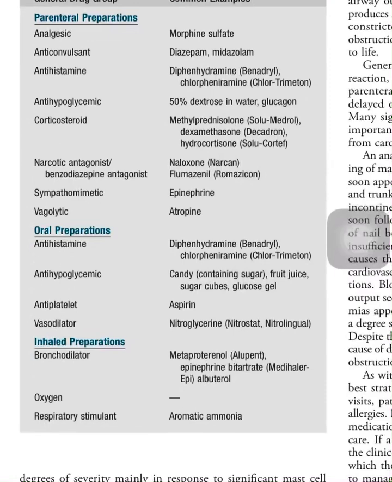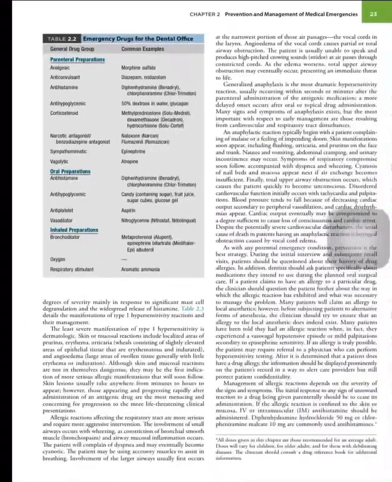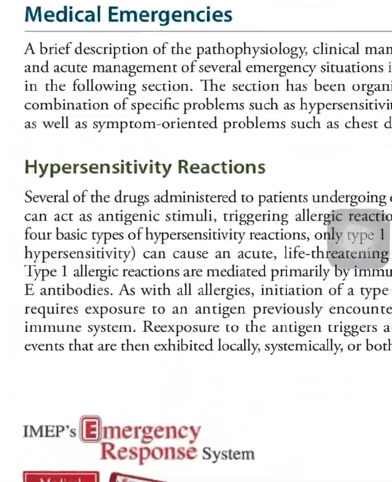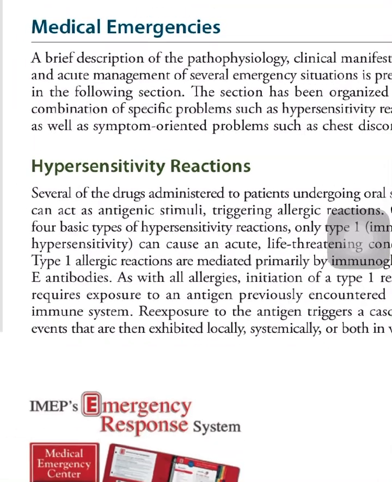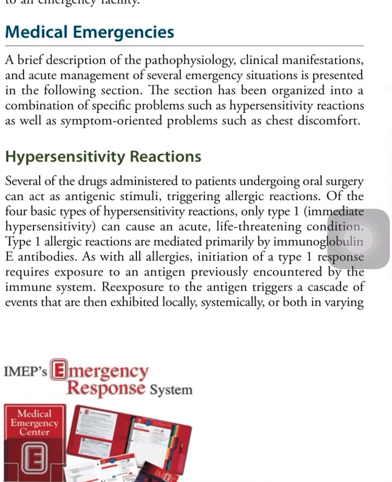Continuing, we are going for hypersensitivity reactions. What are hypersensitivity reactions? Basically, allergies. An allergic reaction can happen due to several reasons: antibiotics, local anesthesia, latex, or other drugs used during surgery. Type 1 allergy is the most dangerous, also called immediate hypersensitivity, caused by IgE antibodies and happening quickly after re-exposure to an allergen.